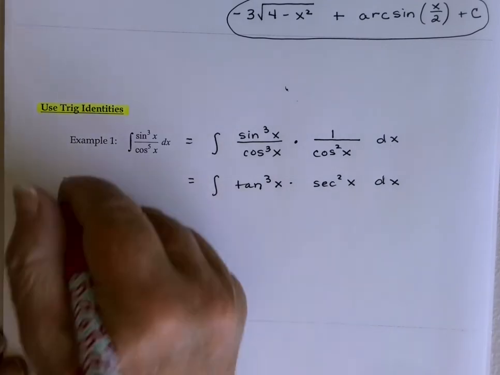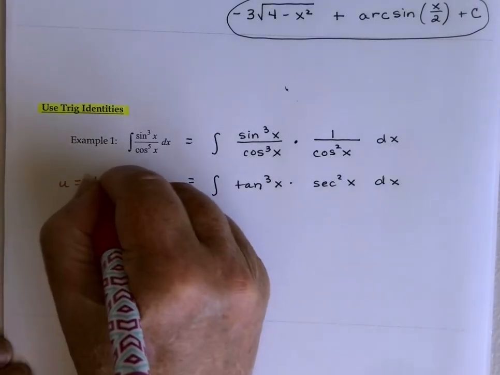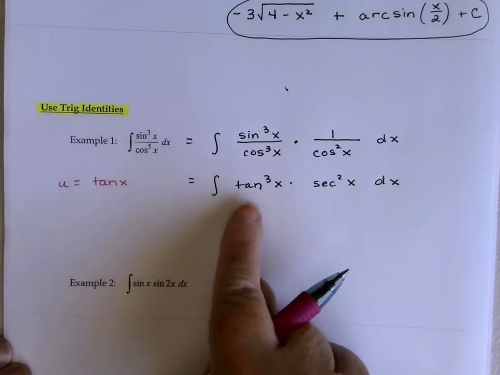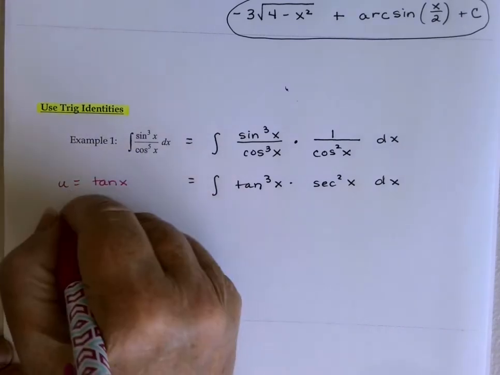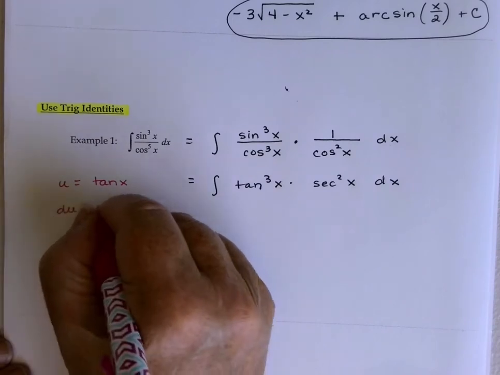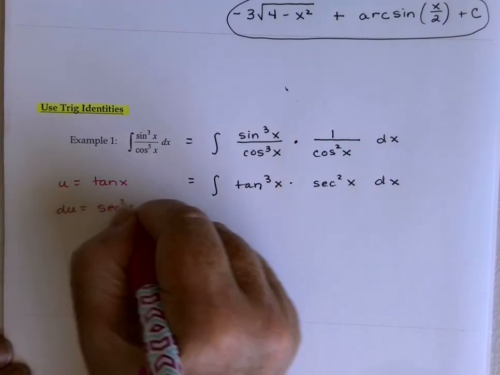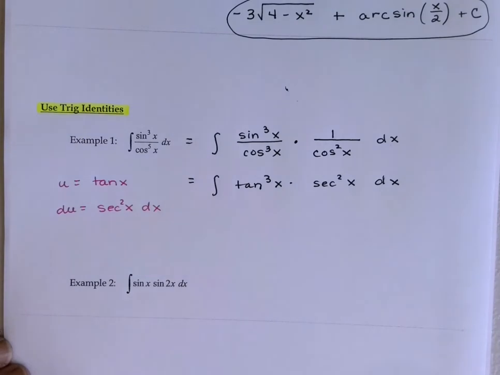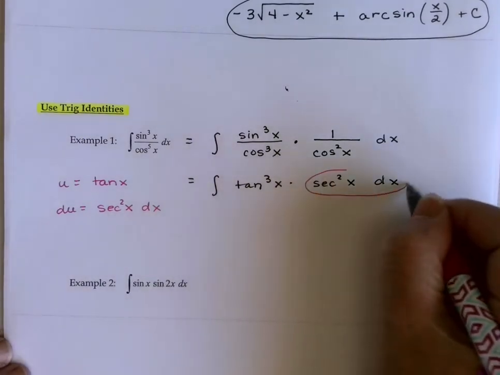If I now let u be the tangent of x, right, so this is actually u cubed, then the derivative would be secant squared x. And I'll bring the dx over, which is great because I have that sitting right here.